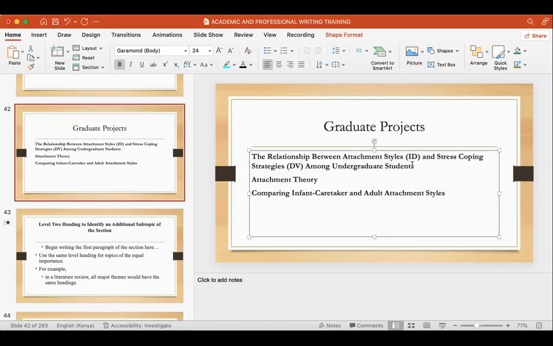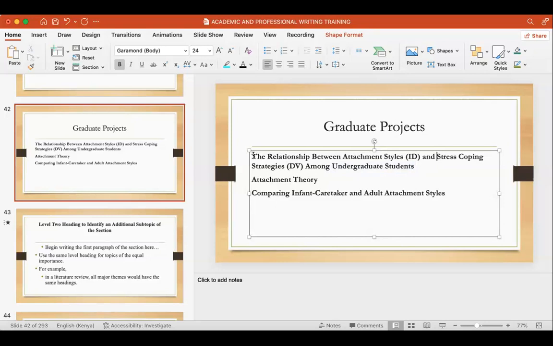But here we're just looking at attachment and coping styles. So what components do you need to pay attention to? What components of attachment are you looking at? In your case, you might just use, depending on what literature says.